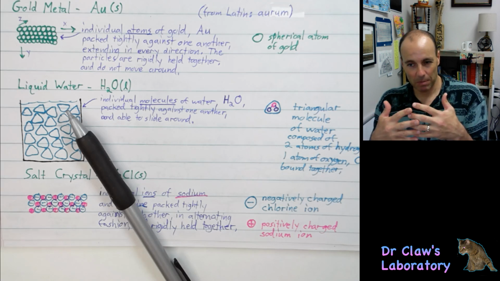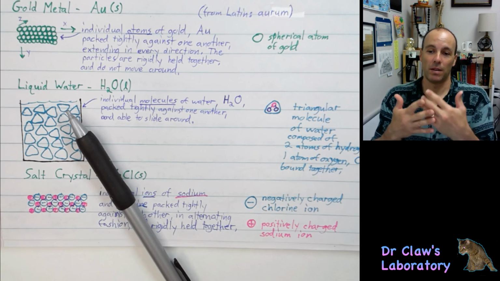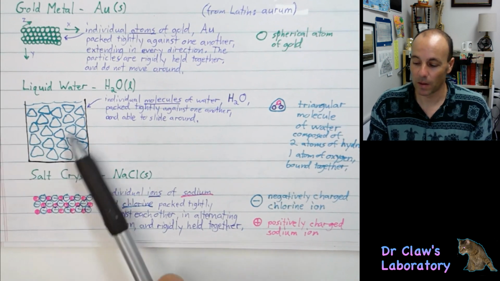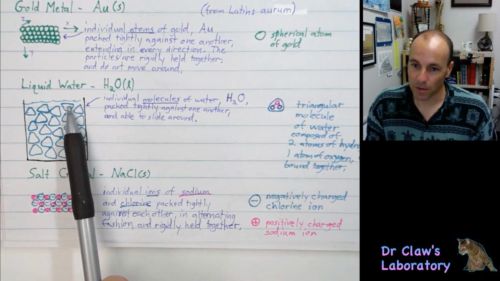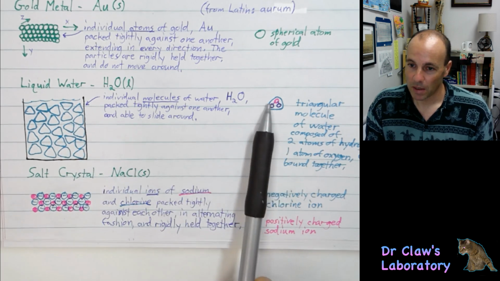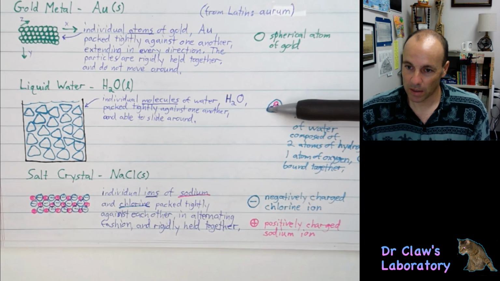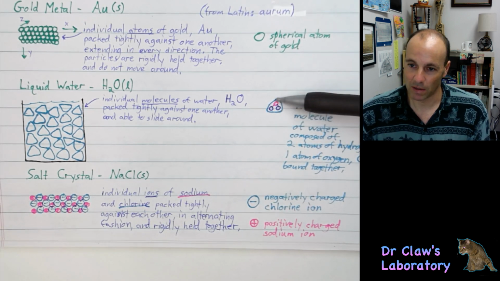The particles may be packed together, but they're able to move around relative to one another. So the particles flow, and that's why liquids flow. Now, inside each of these triangular shaped molecules, you have that oxygen atom, the pink one, and it's connected to a hydrogen over here and a hydrogen over there, and it's kind of triangular.